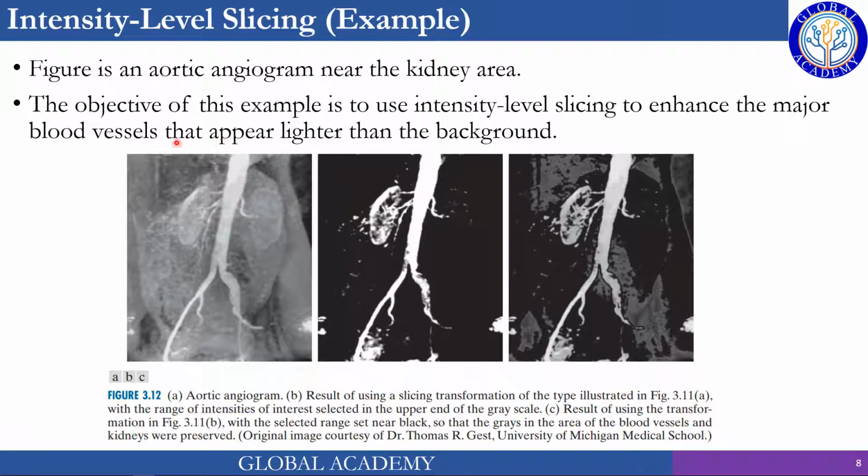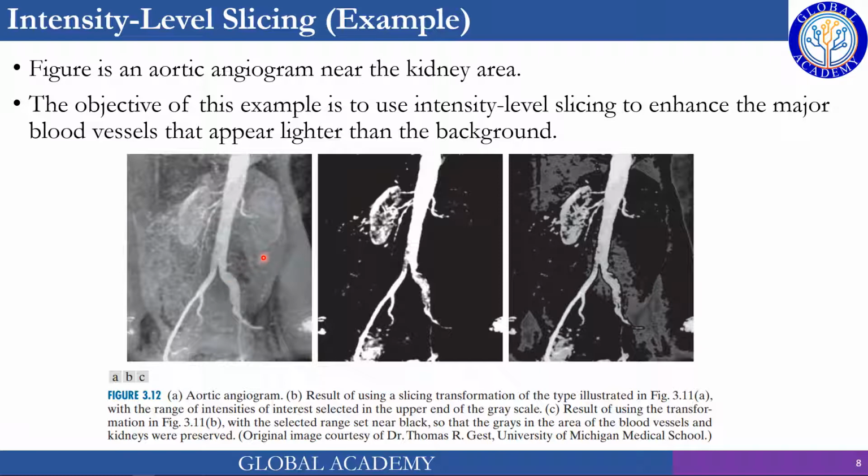So this is an example figure. This figure is an aortic angiogram near the kidney area. The objective of this example is to use intensity level slicing to enhance the major blood vessels that appear lighter than the background, like these blood vessels.